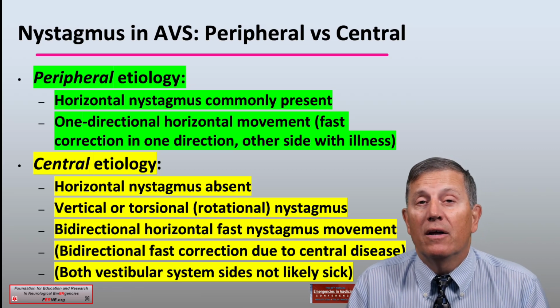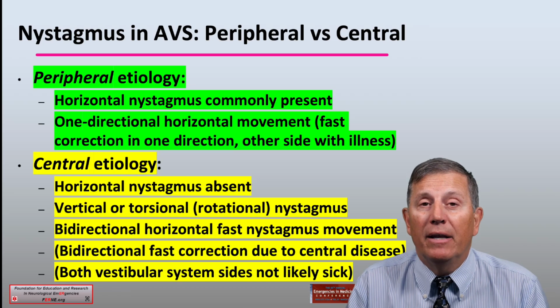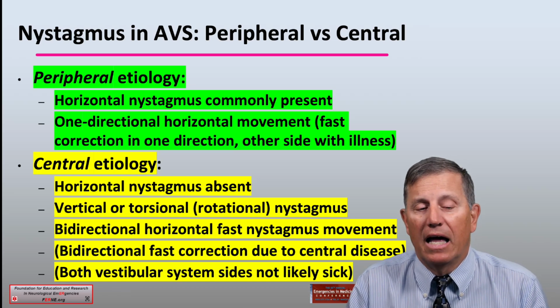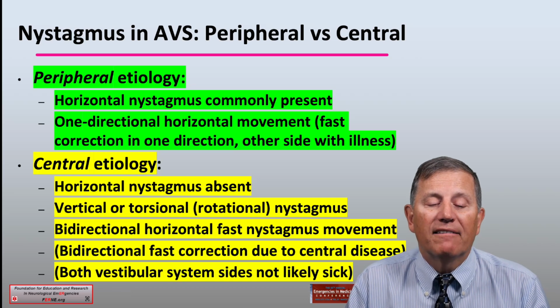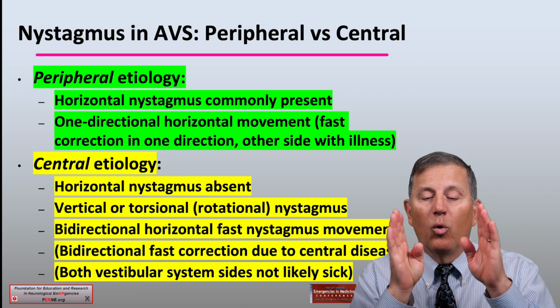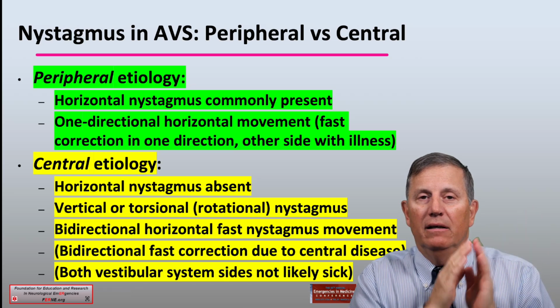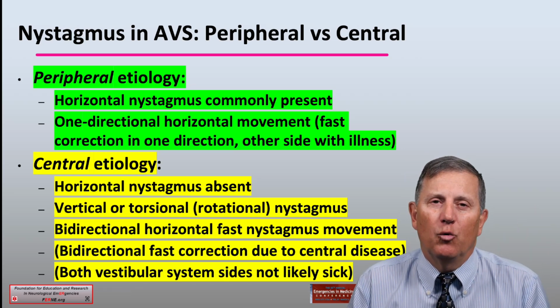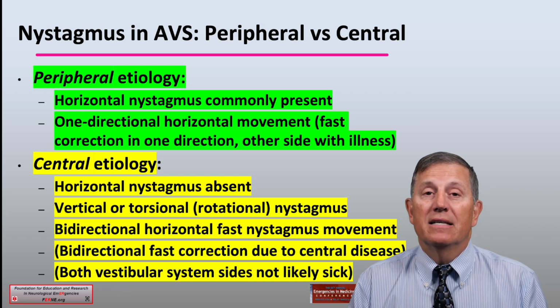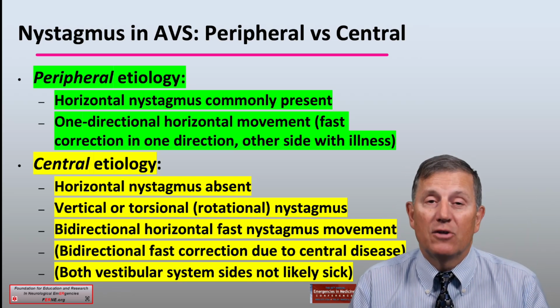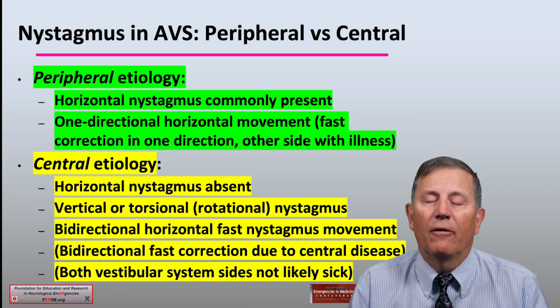What type of nystagmus is common and okay in a patient with a peripheral etiology? The fast movement needs to be only in one direction. In other words, with nystagmus related to a peripheral etiology, the fast component that corrects is only in one direction on the horizontal plane.